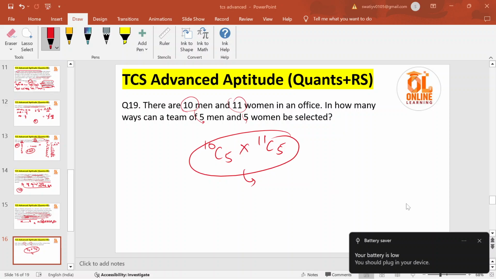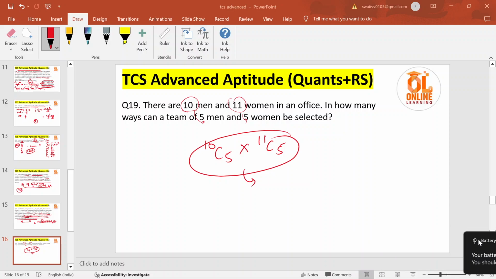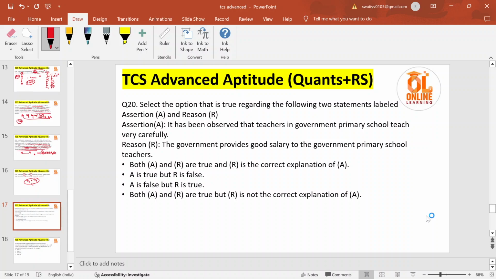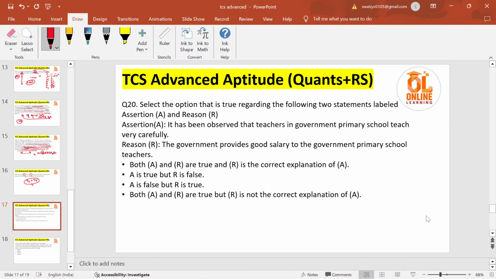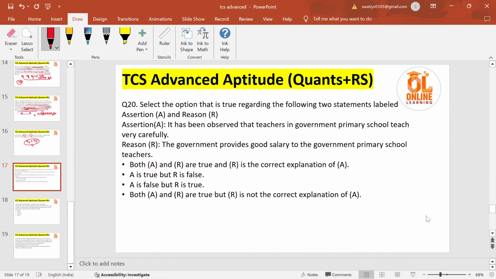So these three questions are your homework questions. These three questions we will discuss in our mock test. Whenever we have our mock test live series, we will discuss these three questions there.